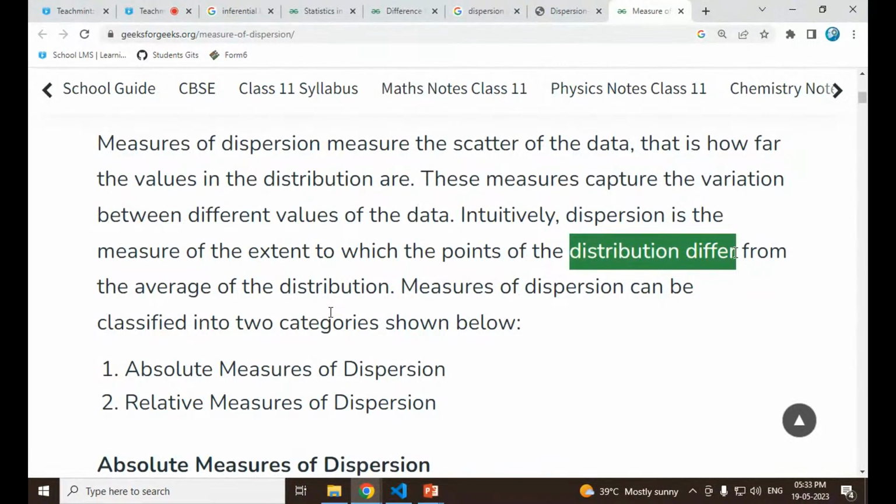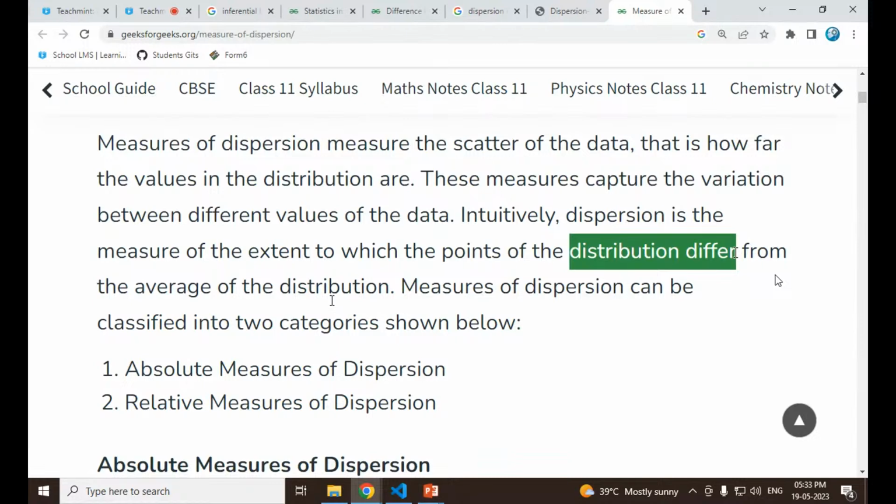A distribution differs randomly from the average of the distribution. The average of the distribution is the commonality in the distribution you are trying to find out. How it is different from the average distribution and from the generally measured distribution.